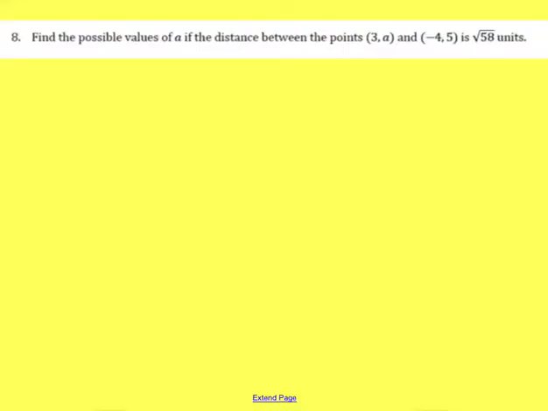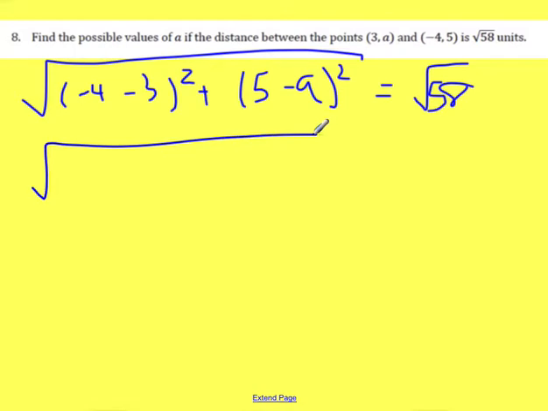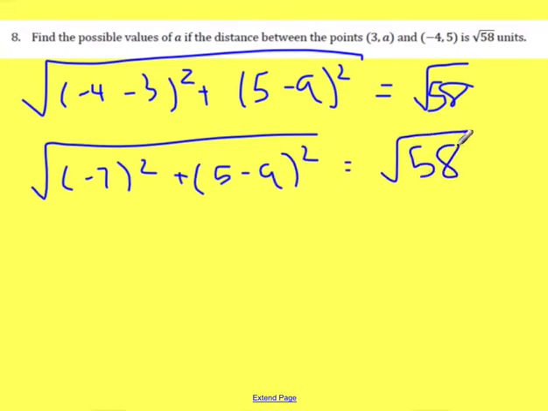Let's take a look at number 8. So for number 8, again, we want to solve this out. So we're going to have the square root of y2 minus y1, quantity squared, plus x2 minus x1, quantity squared, and that's equal to the square root of 58. So I end up here getting the square root of negative 7 squared plus 5 minus a squared is equal to the square root of 58.